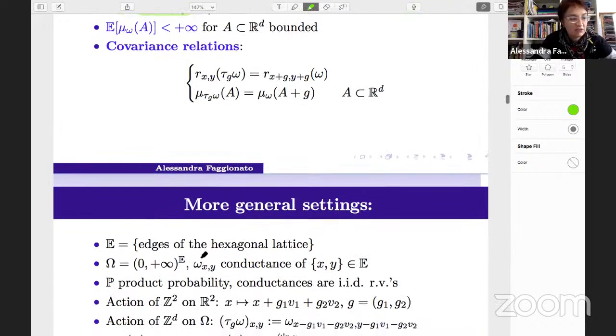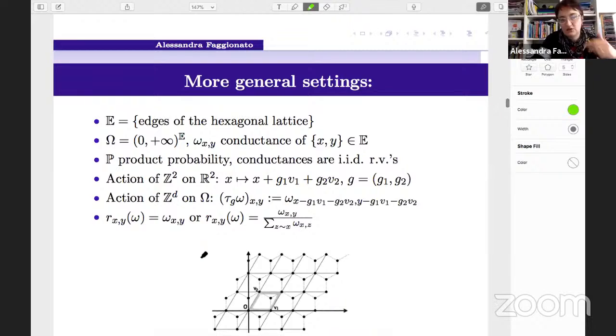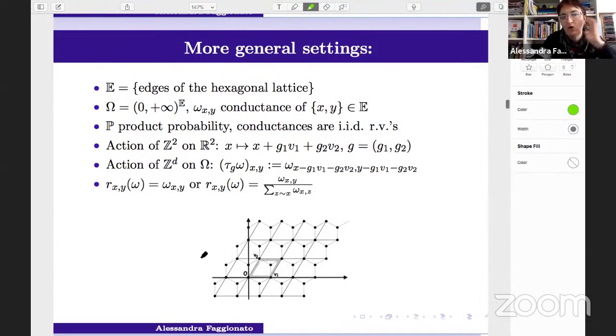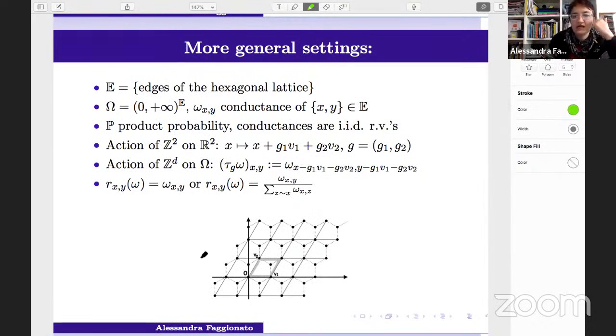Okay, I have to say that indeed I have considered even more general settings. For example, if you consider the random walk on the points of the hexagonal lattice, then in this case the action of the group Z^d is on R^2. The natural action, the natural translations of R^2, where the hexagonal lattice lives, is that G acts by translating.